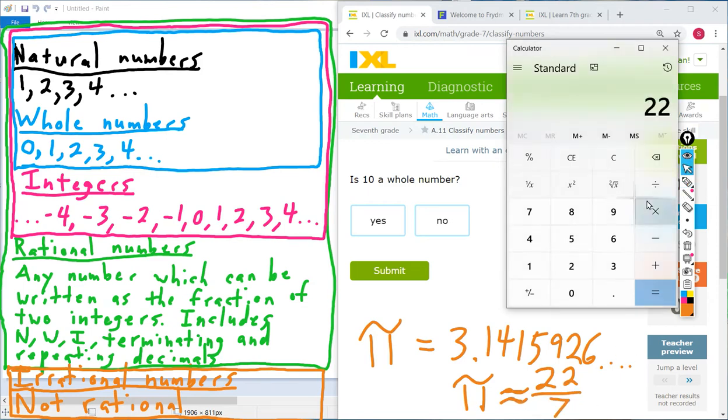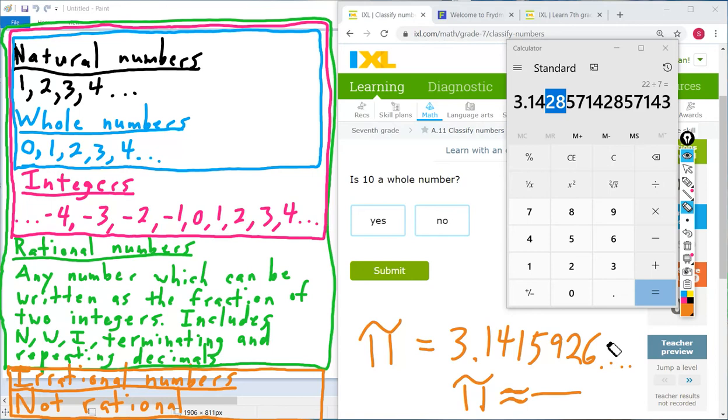If you did 22 divided by 7, you get an answer which is almost pi, but you can see that the answer differs from the actual number for pi. And you could try to come up with numbers to put over here that would give you exactly pi, but you would never be able to do it.